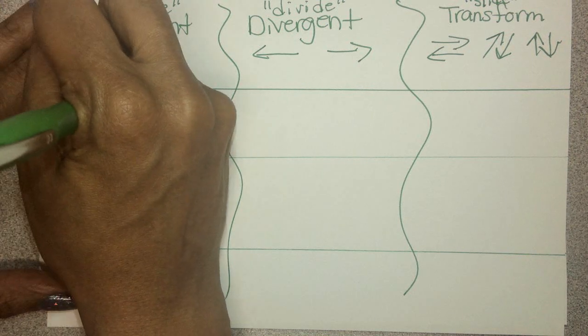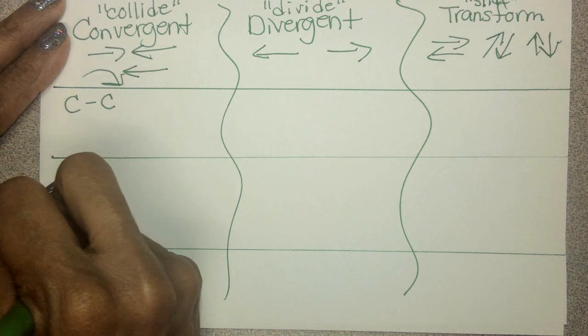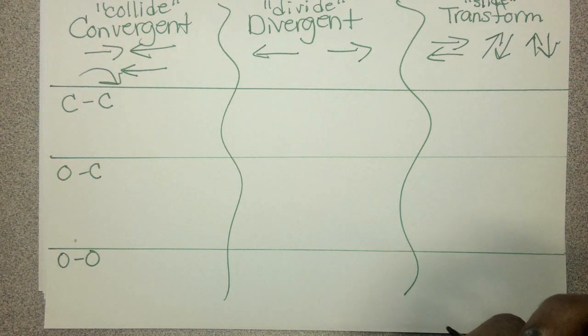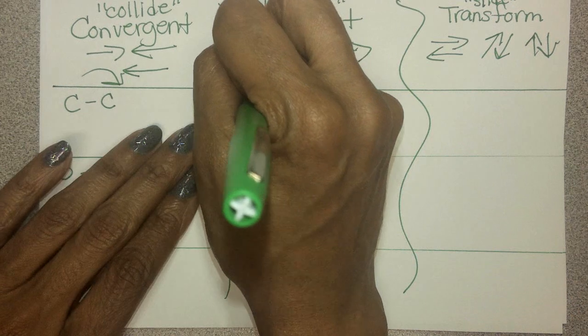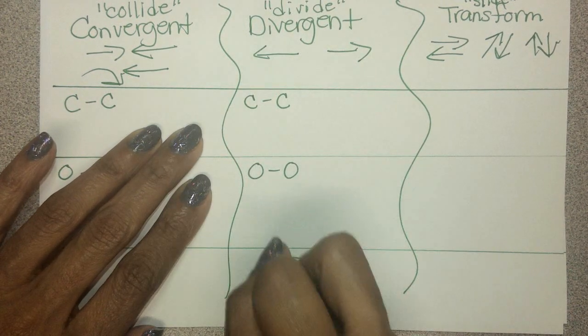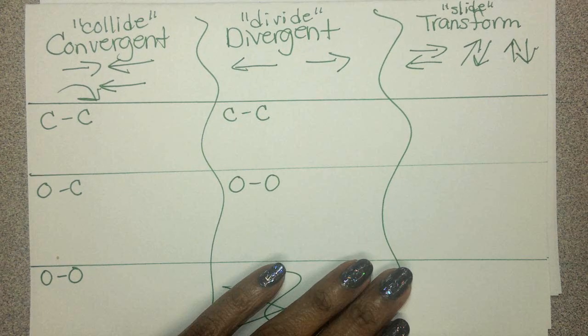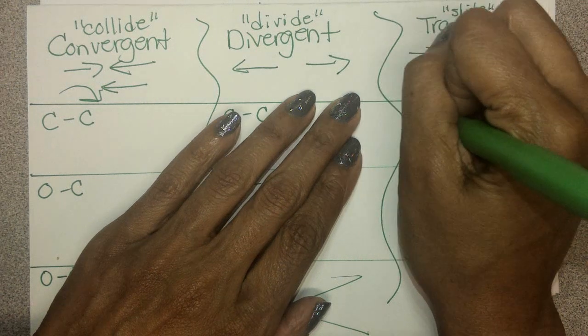So you have continent to continent, ocean to continent, and ocean to ocean. For divergent, you only have two, continent to continent and ocean to ocean. And then for transform boundary, it's just continental crust.